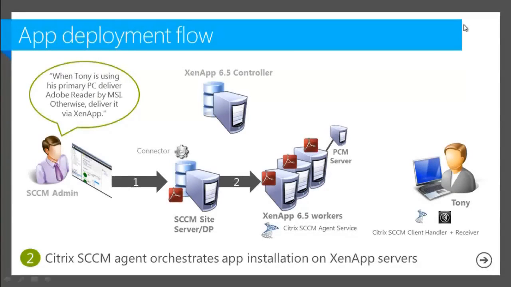We optionally take advantage of the Citrix PCM server, which stands for Power and Capacity Management, and this is the piece that adds the graceful orchestration. So what PCM does is it makes sure that even when you're within the maintenance window, you don't want all your servers to reboot at the same time, because that's going to cause downtime.